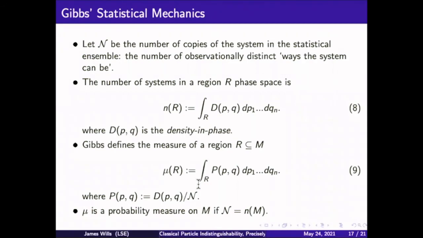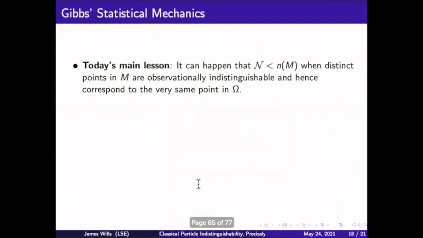Now, here's the punchline. It can be the case that curly N is less than n of M, because the little n function could be overcounting the number of observationally indistinguishable states.